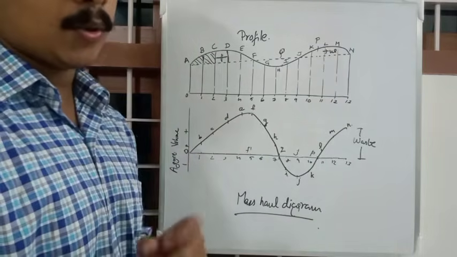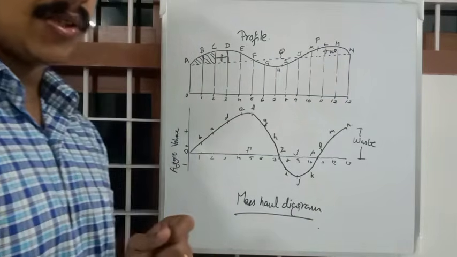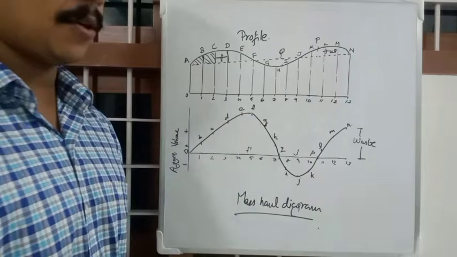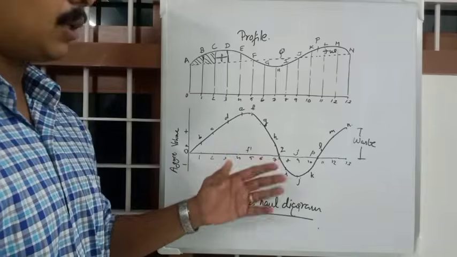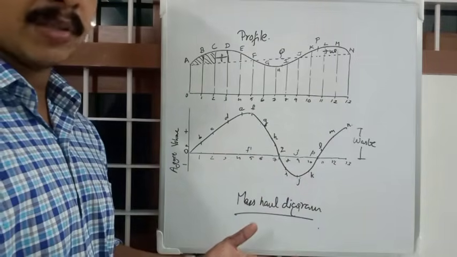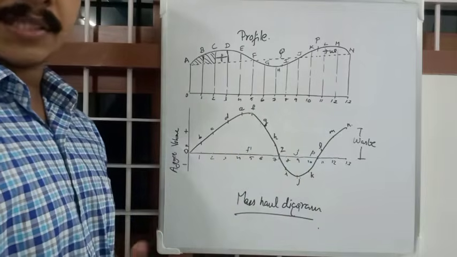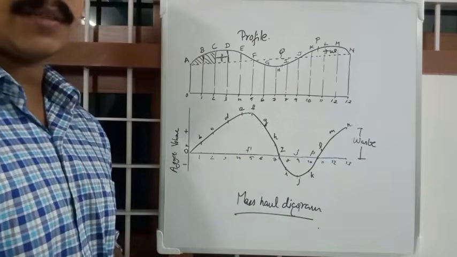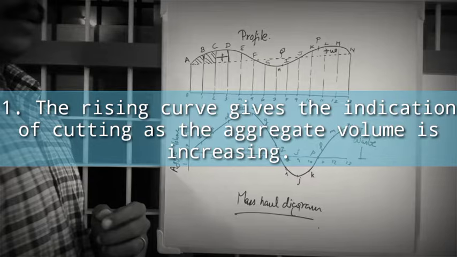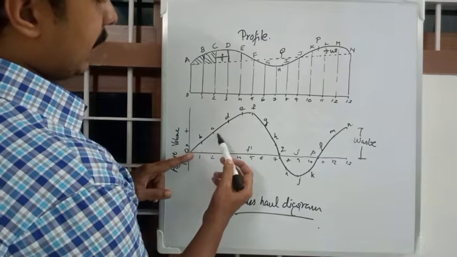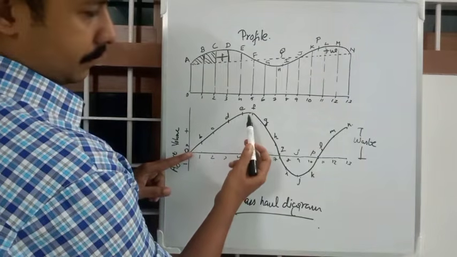Moving on to characteristics, you are analyzing this portion of the mass flow diagram one by one. How much value can you take from this diagram, how much knowledge can you infer from it? First characteristic: the rising curve indicates cutting.